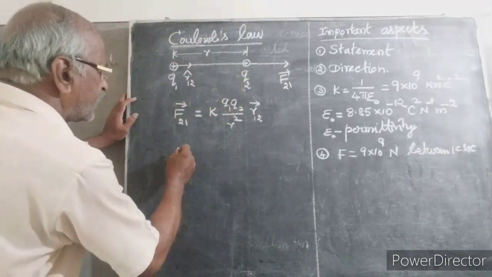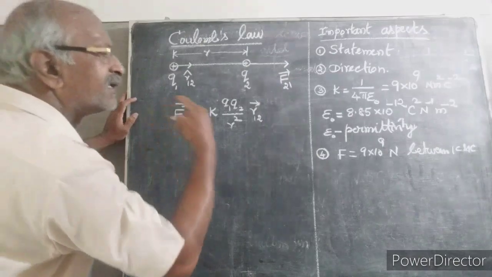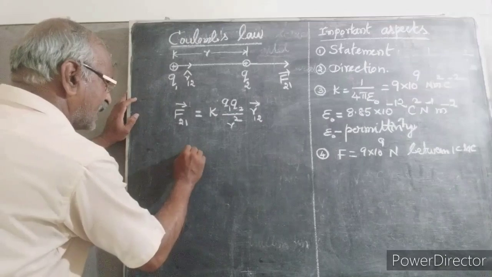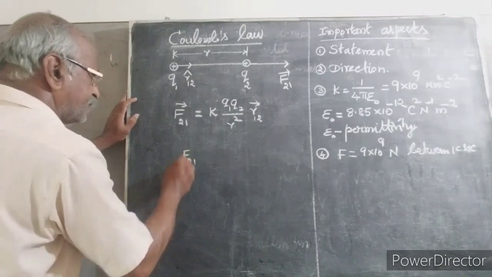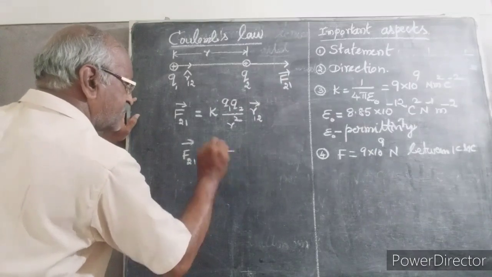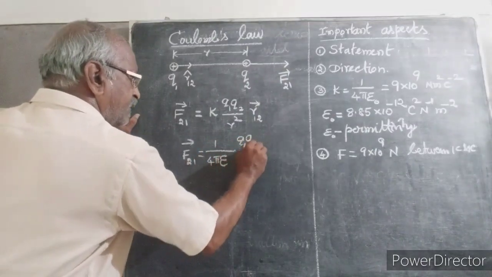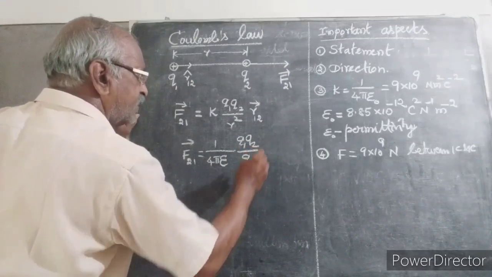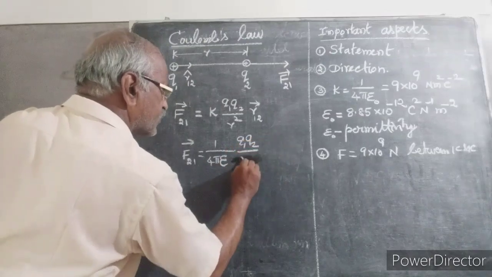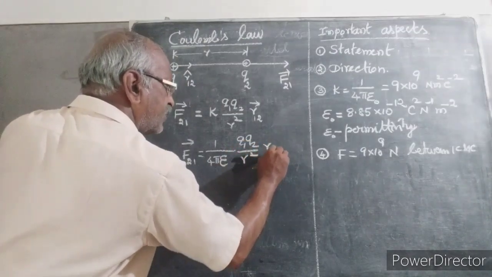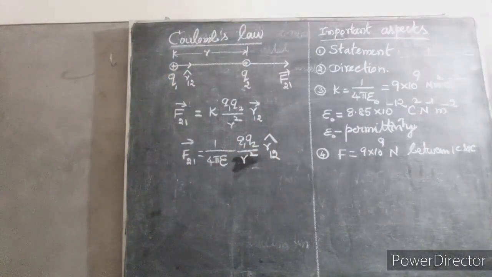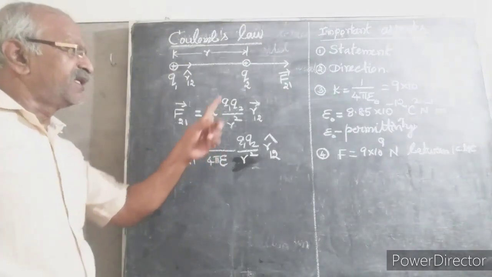So for any medium other than free space where the permittivity of the medium is epsilon, the force I can write as 1 by 4 pi epsilon Q1 Q2 by R square into R12 cap. Here epsilon is called the permittivity of the medium.